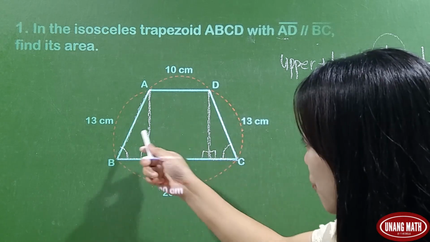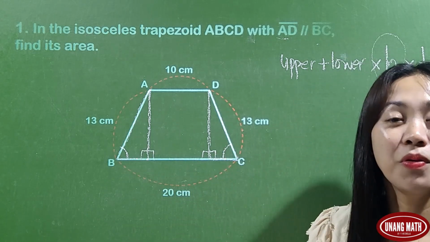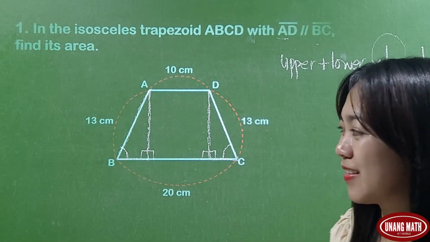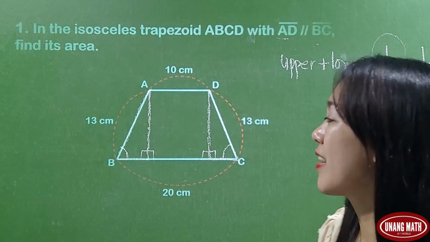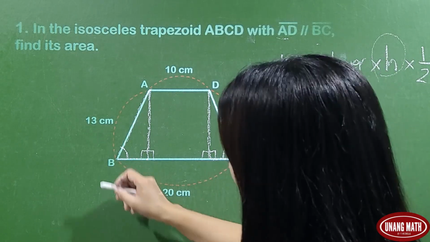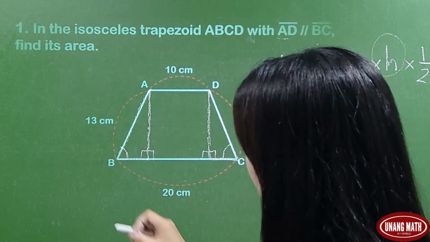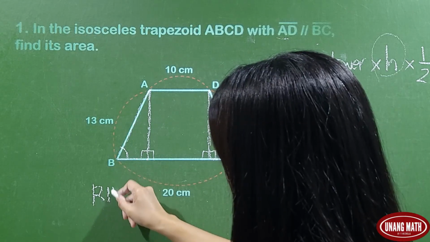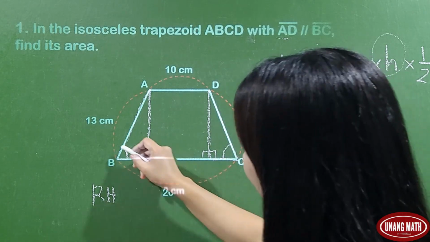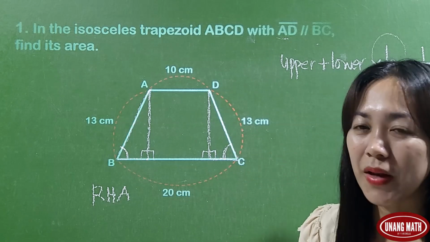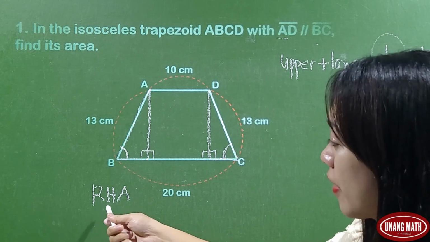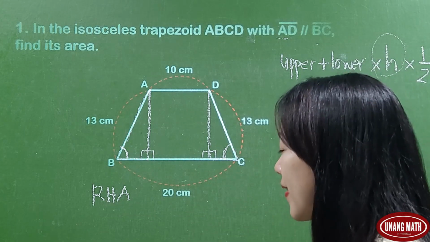These two right triangles are congruent triangles. To prove that these are congruent triangles, okay, these are right triangles. We have R, H, A, since these two angles are equal in measure. So this is RHA congruence.